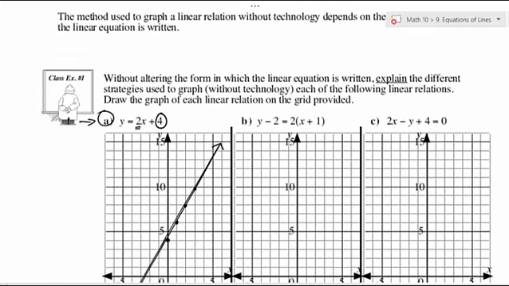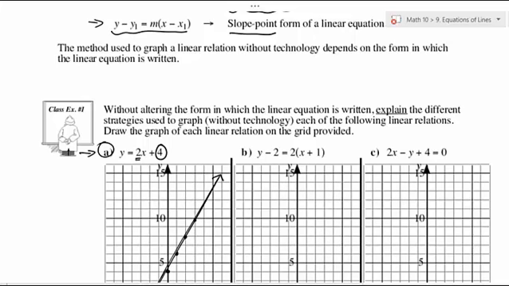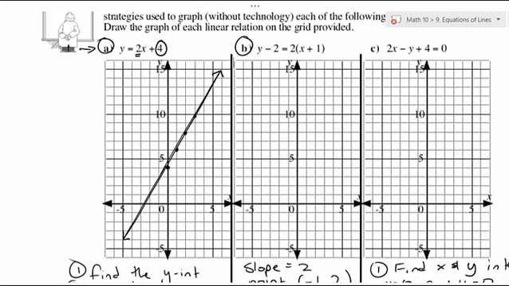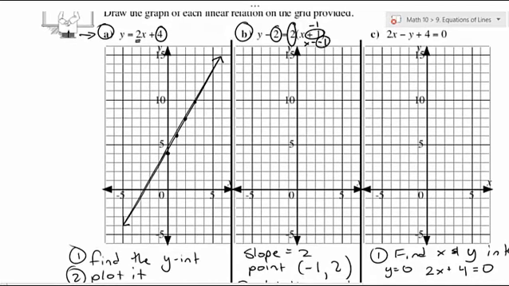Now let's look at this slope-point form here. Okay, so this is slope-point form. This is letter B. All right, now what we're given is the slope, right here, and then we have 2 points. We've got this 2 here, and we've got a -1 here because we know that this is x minus a -1. So it ends up looking like a +1, but it is this -1 here.